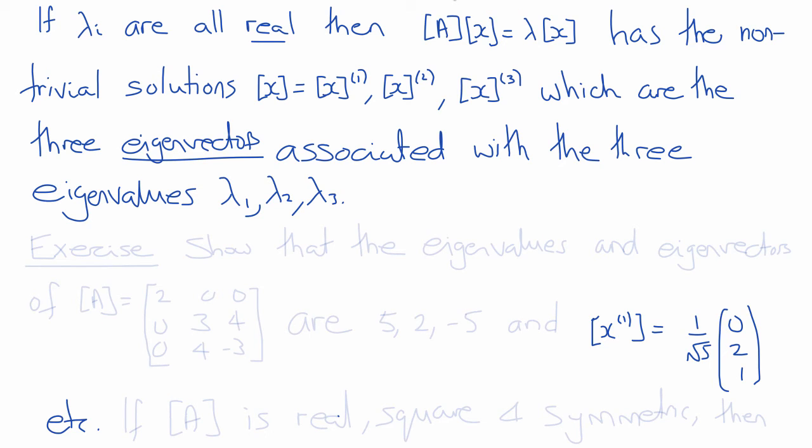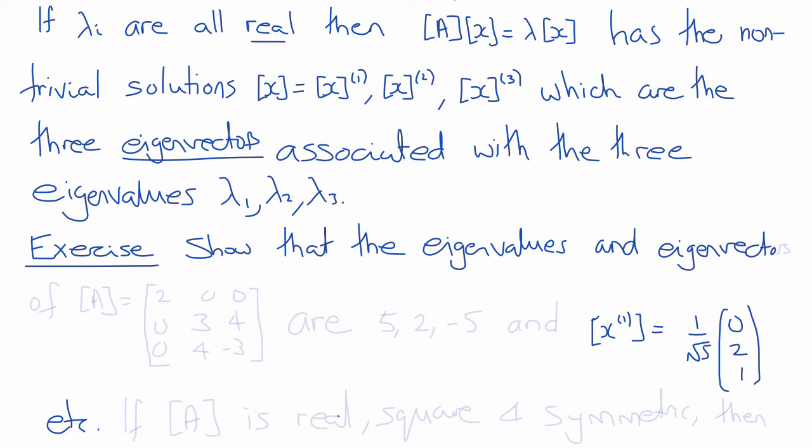As an exercise, perhaps you could refresh your memory about eigenvalues and eigenvectors by solving this simple problem. Find the eigenvalues and eigenvectors of the matrix A with components 2, 0, 0, 0, 3, 4, and 0, 4, negative 3.